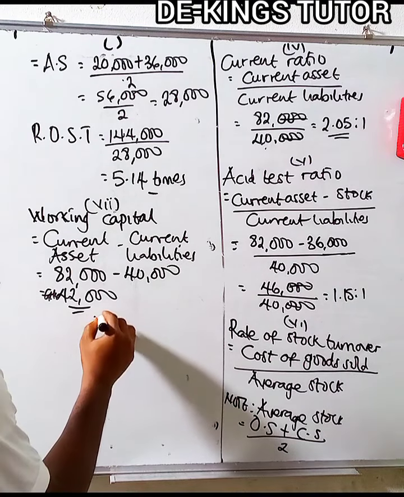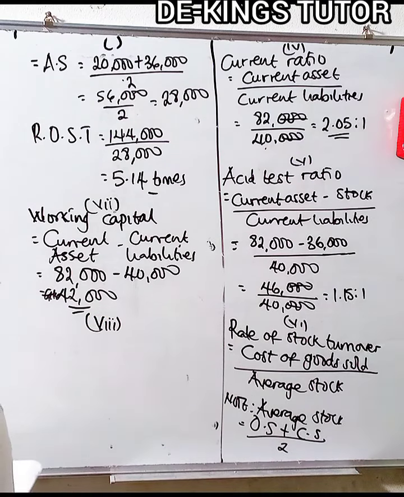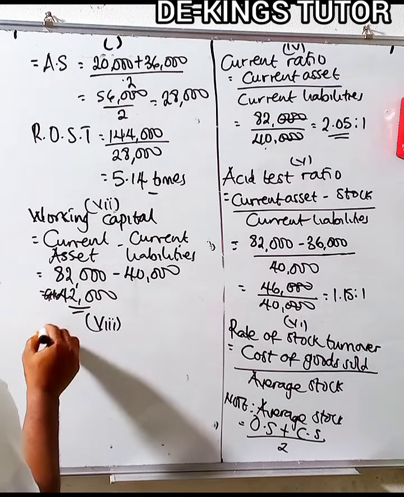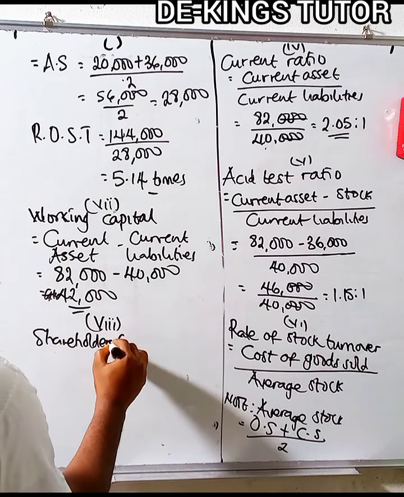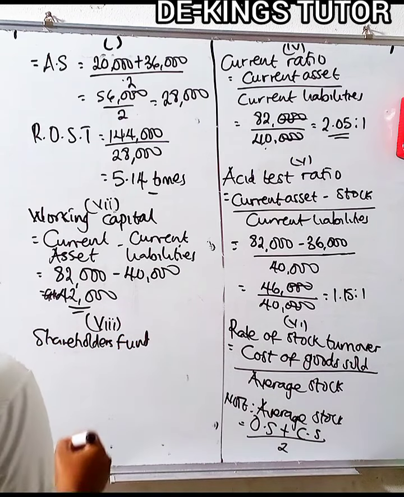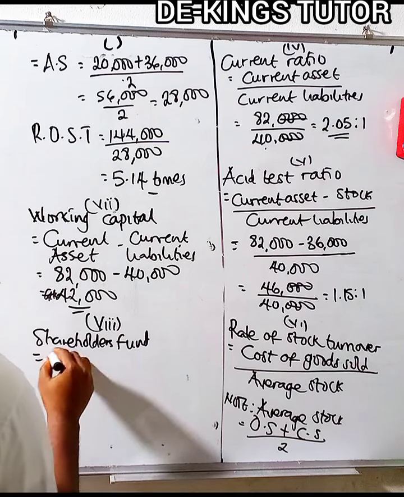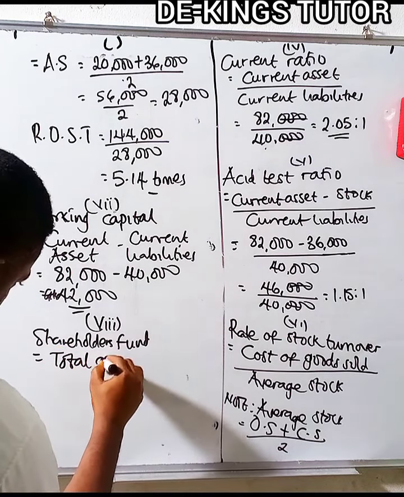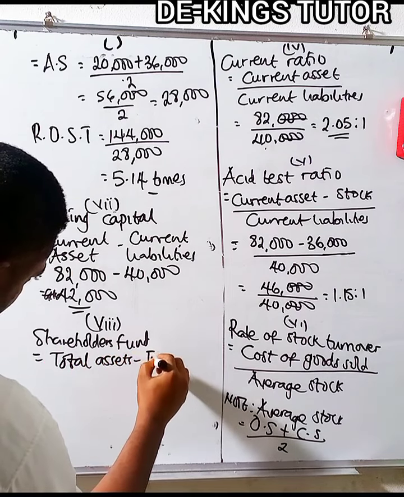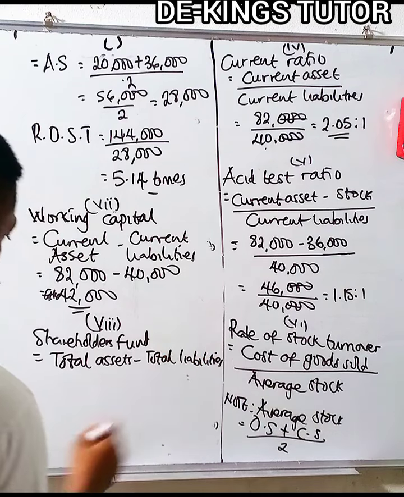The next one is the shareholders fund. Now the shareholders fund is the total asset minus total liabilities. That's the formula.